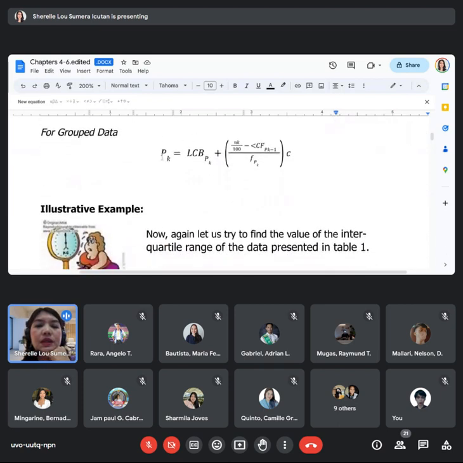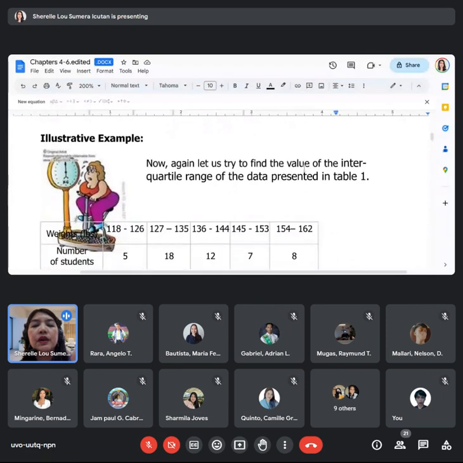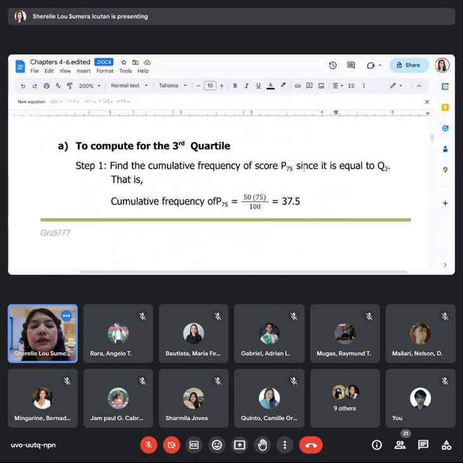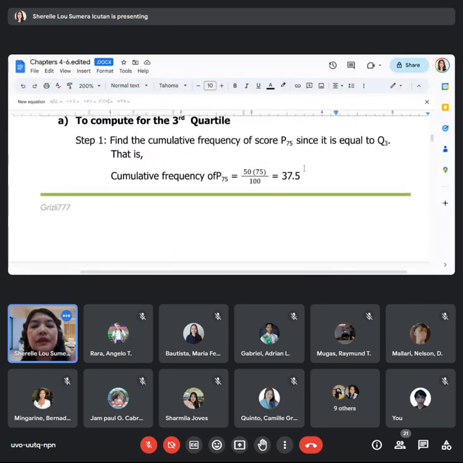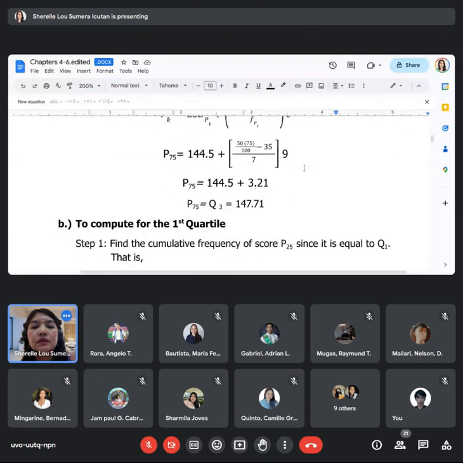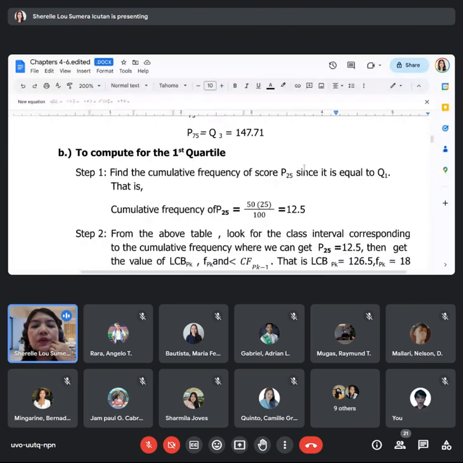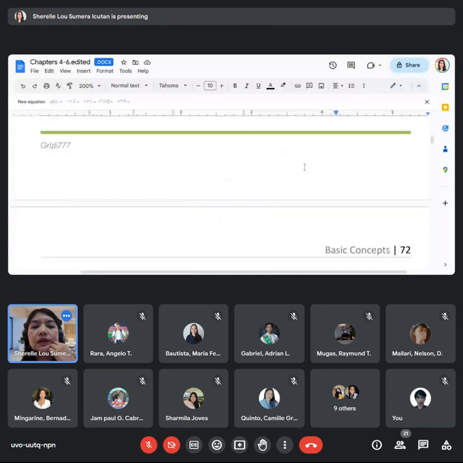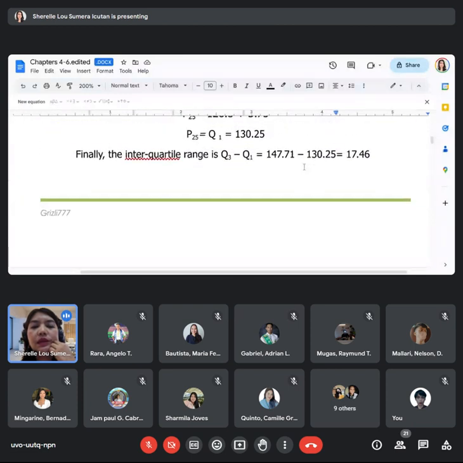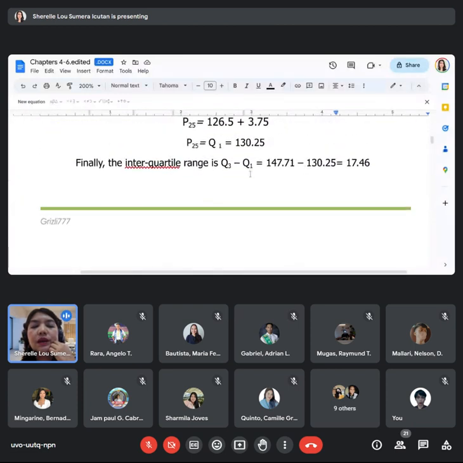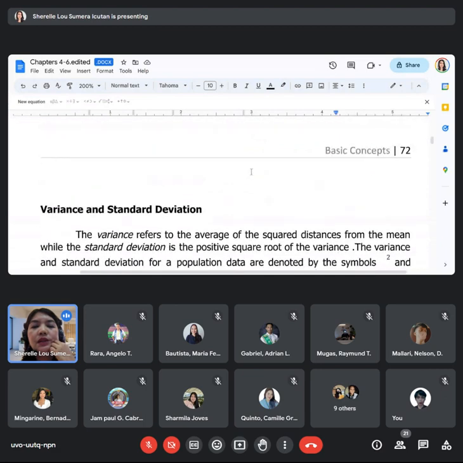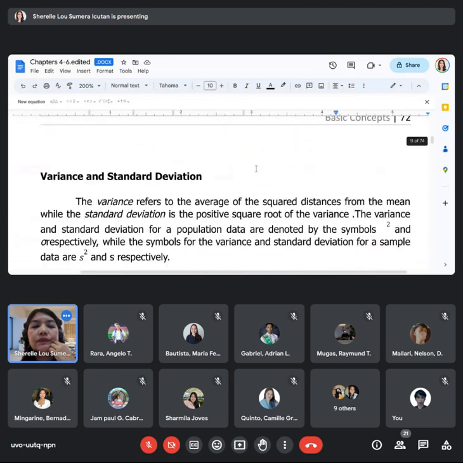This one is the formula for the group data as we have computed in our percentile, decile, quartile before. So all you have to do is to compute the third quartile, and compute for the first quartile. To get the interquartile range, you just get Q3 minus Q1. Then for semi-interquartile range, Q3 minus Q1 over 2.